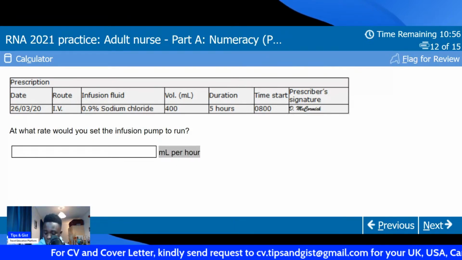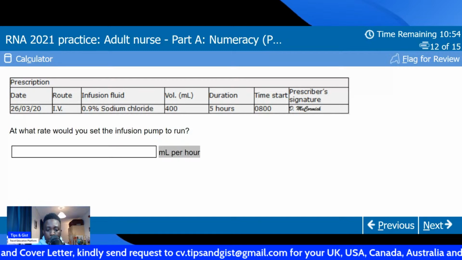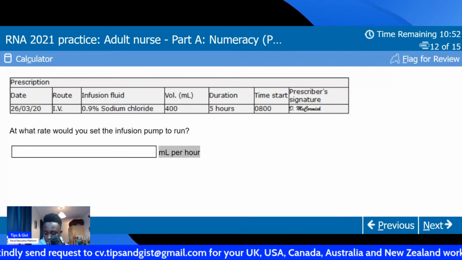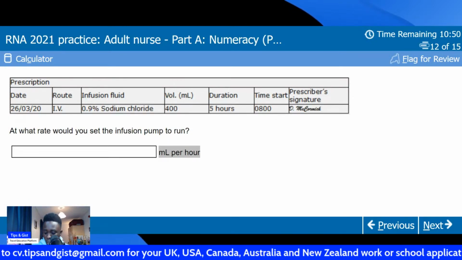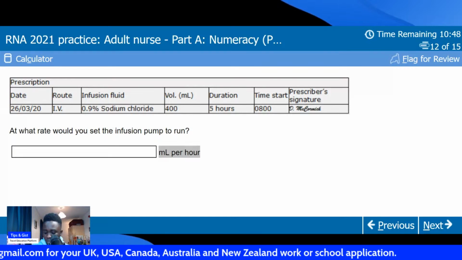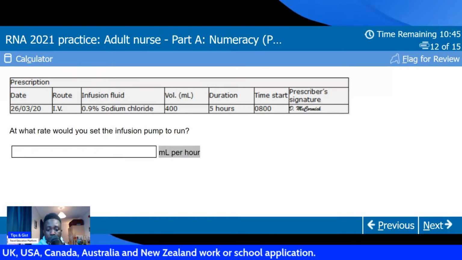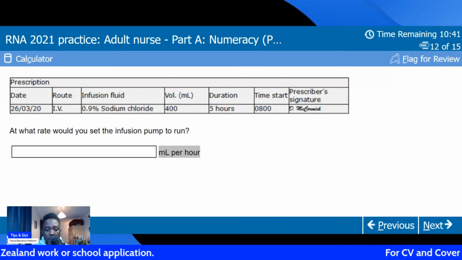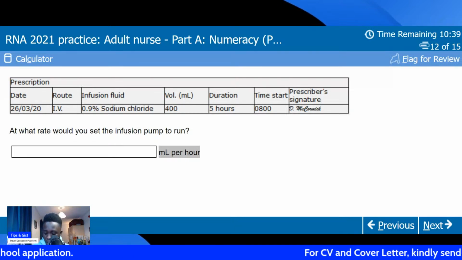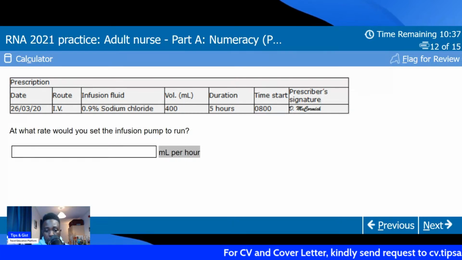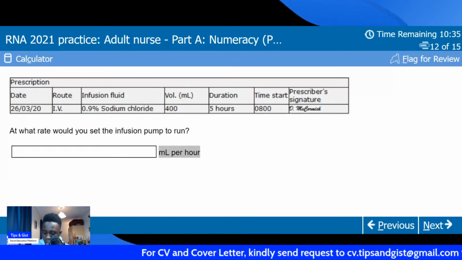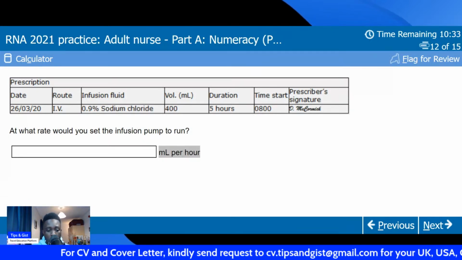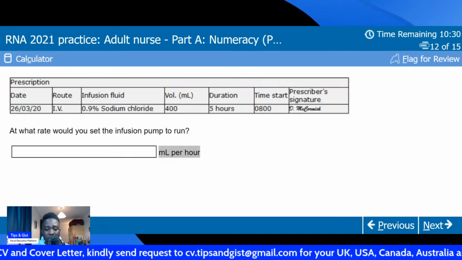So you say that 400 mils equals 5 hours. And now you want the volume, so x equals 1 hour, because they say per hour.